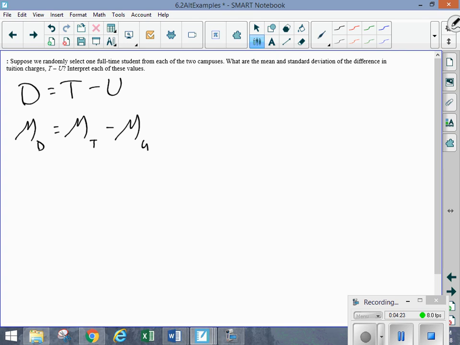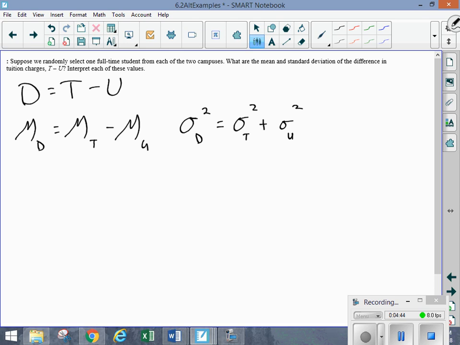If you're being asked to find your standard deviation, you're going to have your variance of random variable D is going to be not the difference of these two, but the sum, right?